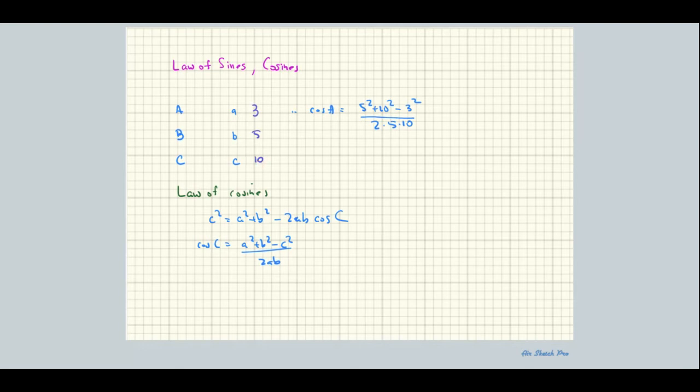Let's see what that comes out to. 5 squared is what, guys? 25. And 10 squared is 100. So it's 125 minus 9. What's 125 minus 9, guys?